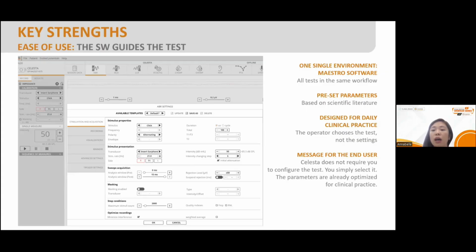Okay. And if you want to set up your new clinic, you can really use the preset parameters, because all the preset parameters we set are based on scientific literature. So you just choose the test, maybe take a look and check out the preset parameters, and then you can go ahead with your clinical test. You just select those tests. You don't have to configure a lot yourself.